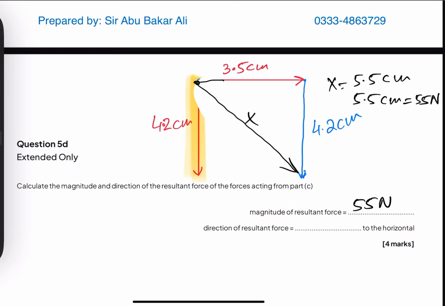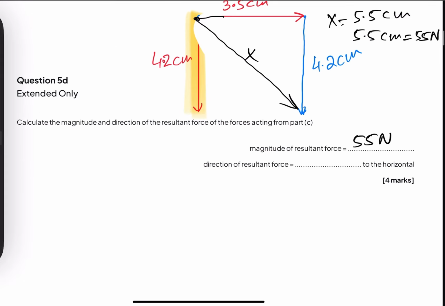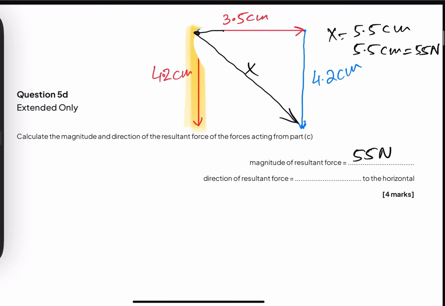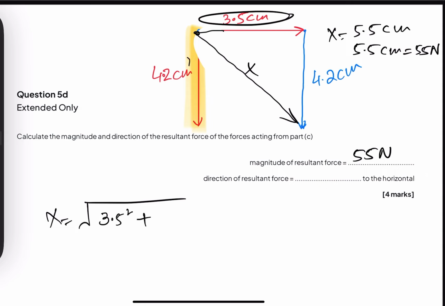If you want to find it without measuring, you have to apply the formula that we have discussed in the previous questions, that x will be the square root of 3.5 squared plus 4.2 squared.